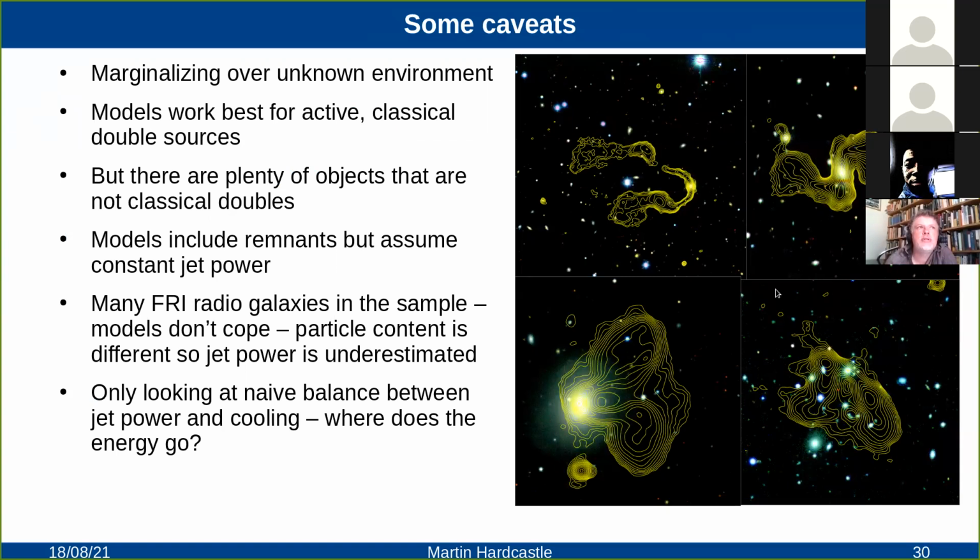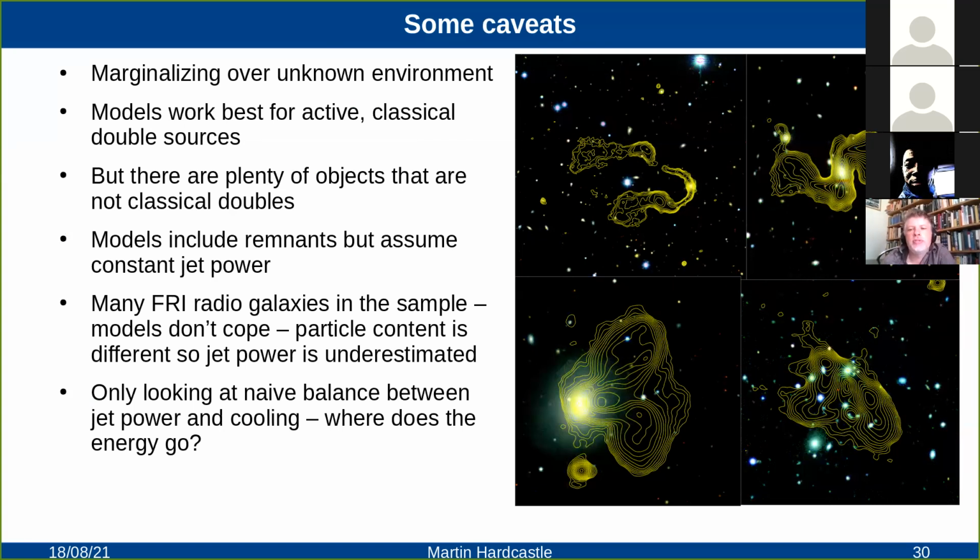We do include remnant objects, but we make a very simple assumption, which is that a jet is continuous and turns on, has the same power, and then turns off again. That's probably not true. We don't really understand FR1 radio galaxies, as I've said.